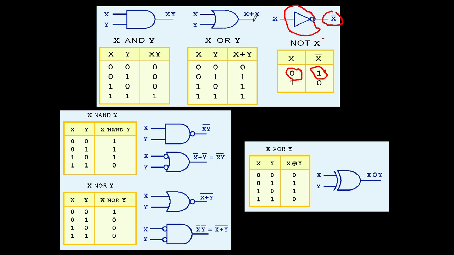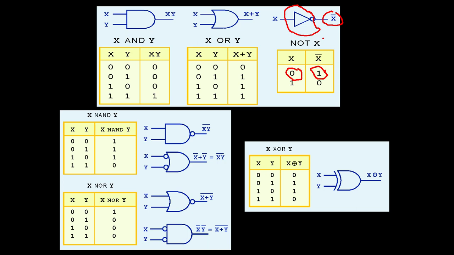There are 3 ways to describe any circuit. Here's the Boolean expression for the OR gate, here's the logic diagram for the OR, and here's the truth table for the OR. And remember, the truth table represents all possibilities of input and output.